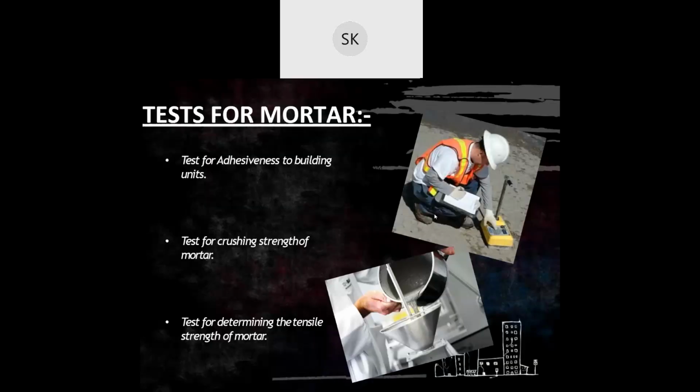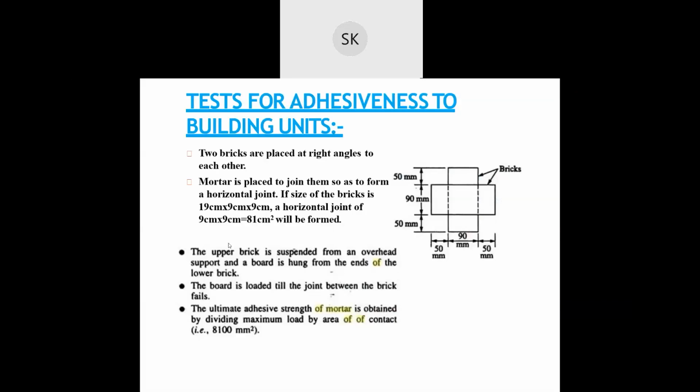So the tests for mortar are the test for adhesiveness to building units, how much adhesive it is, then the crushing strength of mortar, and the tensile strength of mortar. These are some tests on mortar. For the test for adhesiveness to building units, two bricks are placed at right angles to each other.